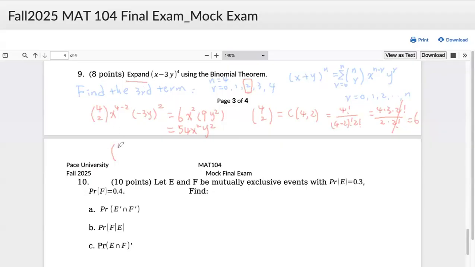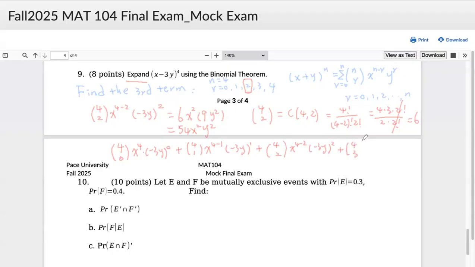The first term would be 4 choose 0, x raised to 4 minus 0, which is x raised to 4, times negative 3y raised to 0, which is just 1. So let's write it down. The second term is 4 choose 1, x raised to 4 minus 1, negative 3y raised to 1. The third term is 4 choose 2, which we already calculated, x raised to 4 minus 2, negative 3y raised to 2.